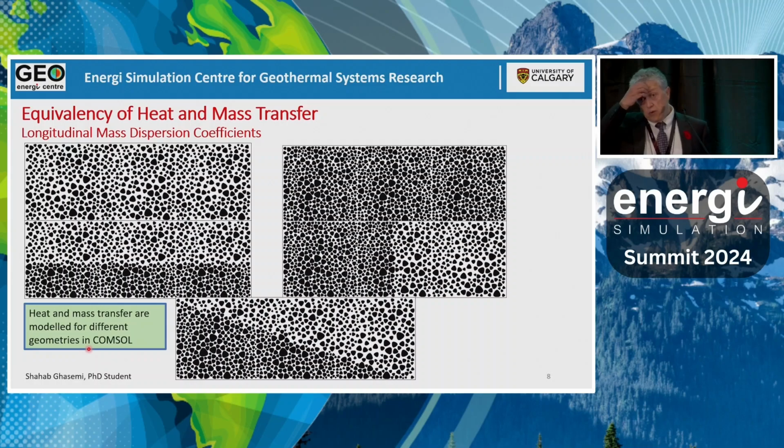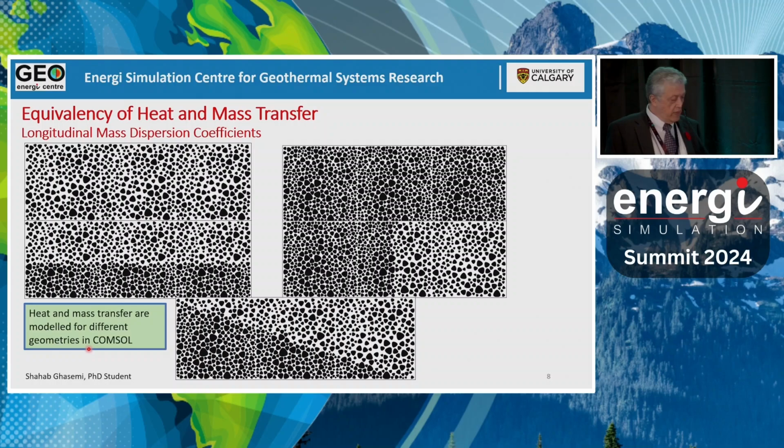Now, okay, so we managed to get something regarding the heat transfer. So we have a tool for us to generate. So how can we combine heat and mass transfer together? What we do here, contrary to what most of the people are doing, is look at the micro scale as a starting point.